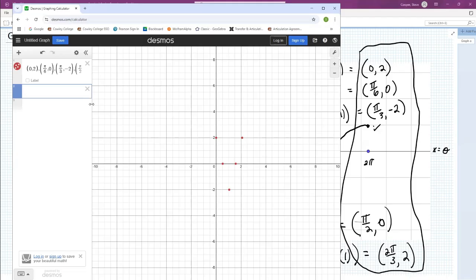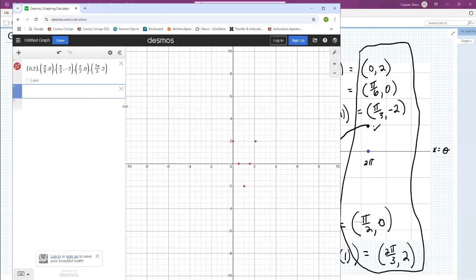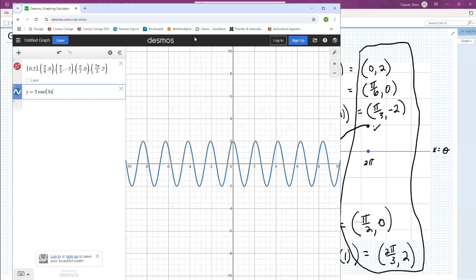Okay, kind of scrolled off the screen there. Let me bring these back in there. Okay, so there's our new 5 key points. Notice how they're kind of squeezed together. So I'm now going to create the graph of our modified function. So y is equal to 2 cosine of 3x.